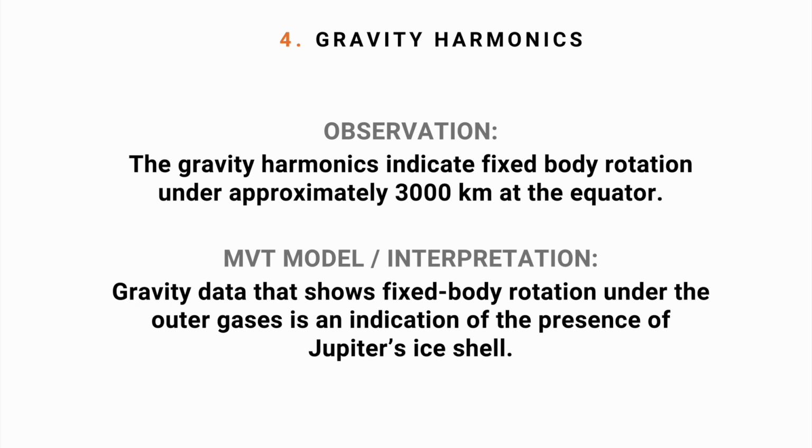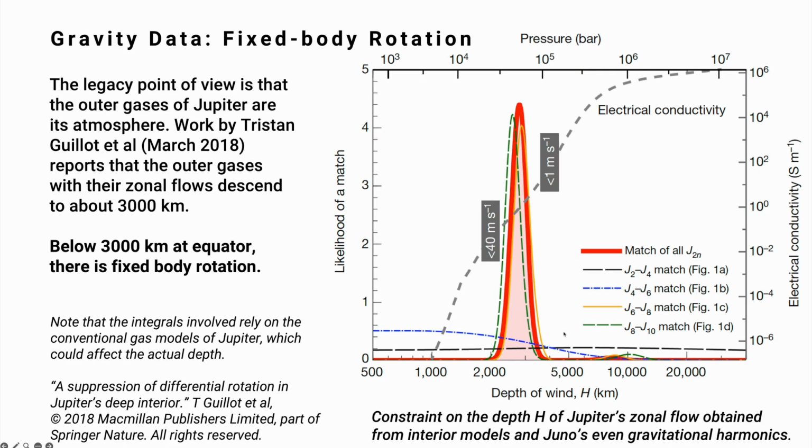And the gravity harmonics from work done by Tristan Guillot and his team find that the outer gases at the equator go to a depth of 3,000 kilometers. This is a figure from the paper by Tristan Guillot and his team. And they did use existing models, the trusted models with hydrogen and helium for the integrals and so forth.